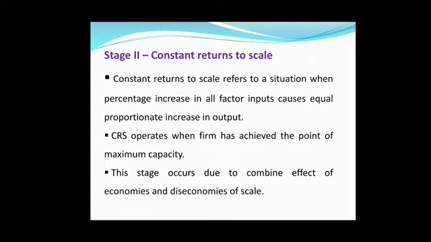And here, in the case of constant returns to scale, the economies of scale are exactly equal to the diseconomies of scale, and thus economies of scale are balanced by diseconomies of scale and hence no effect on average cost. That is, average cost remains constant in this stage.